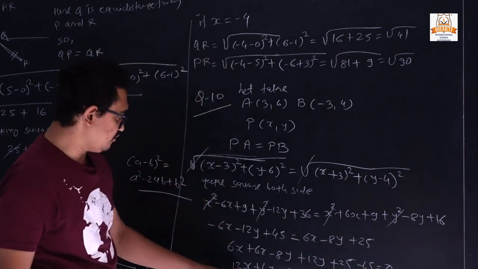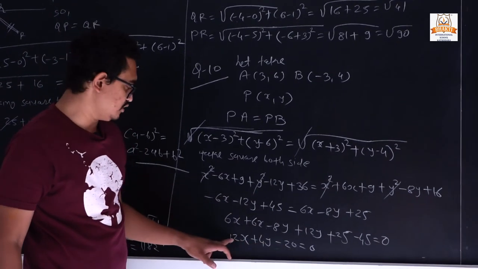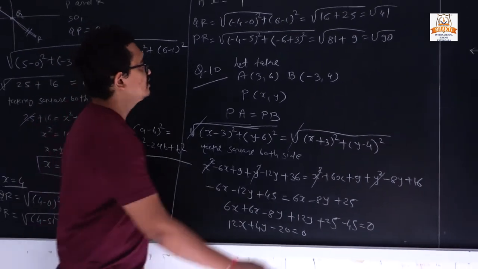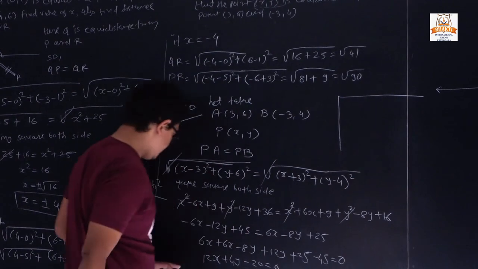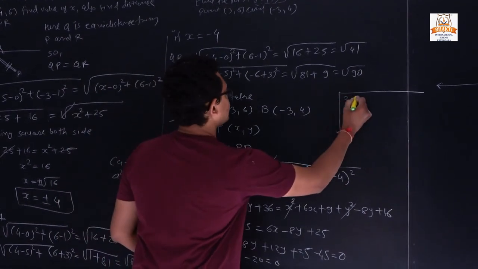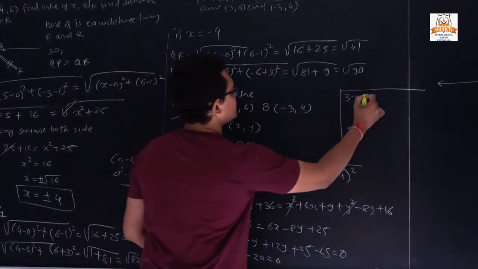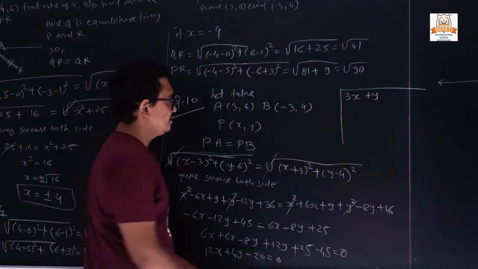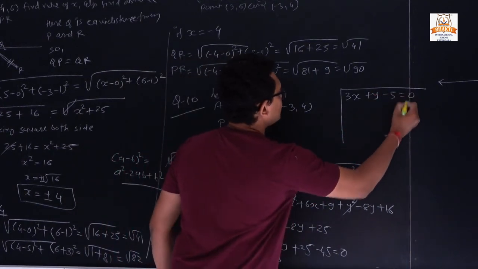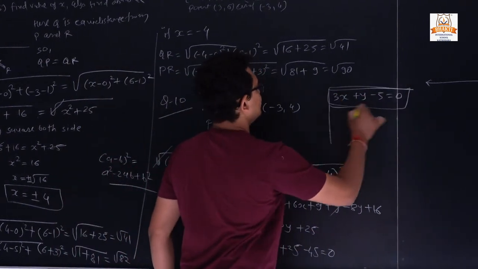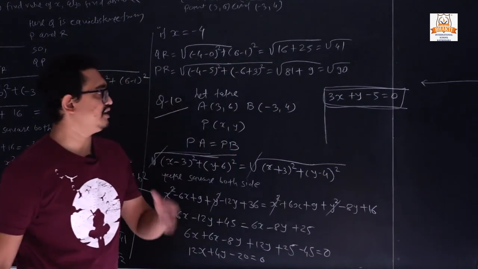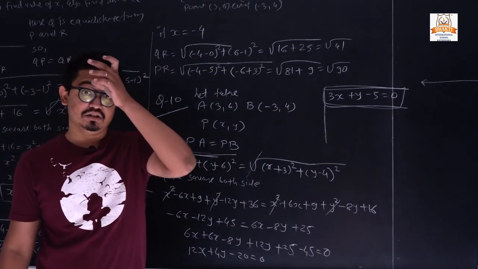We can also take 4 as a common term, because 4 3s are 12, 4 5s are 20. So if you take 4 as common, we get 3x plus y minus 5 is equal to 0.